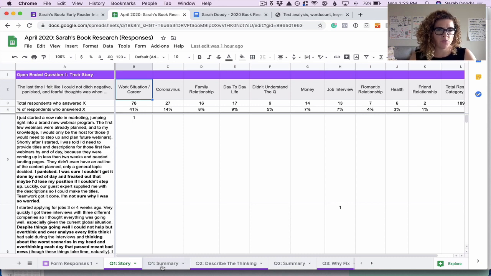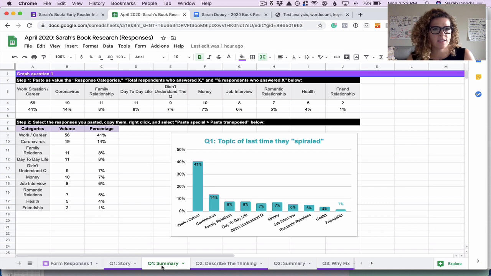So for each question, I did a little bit of analysis, and then I could end up with a chart that told me the trends around the last time people felt panicked or spiraling or had negative thoughts was related to work and career, 41%, coronavirus, 14%, family relationships, 8%, day-to-day life, money, job interview, romantic relationships, health and friendship, etc.